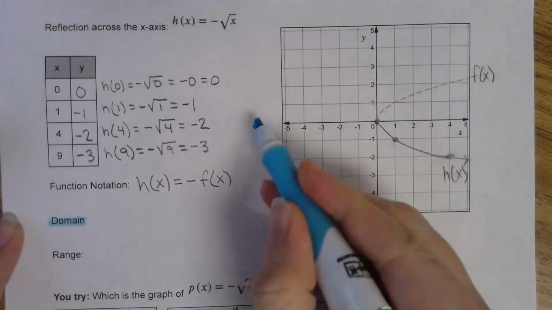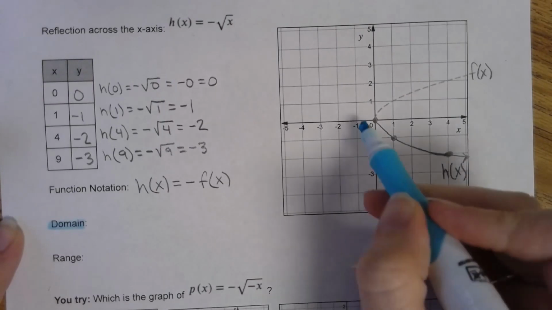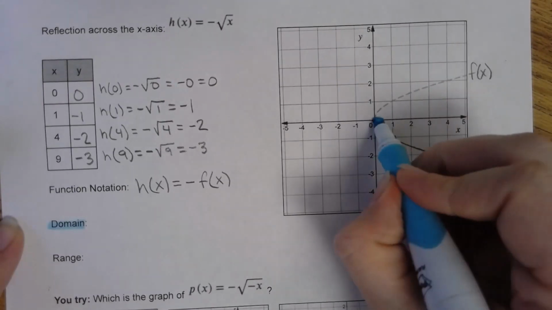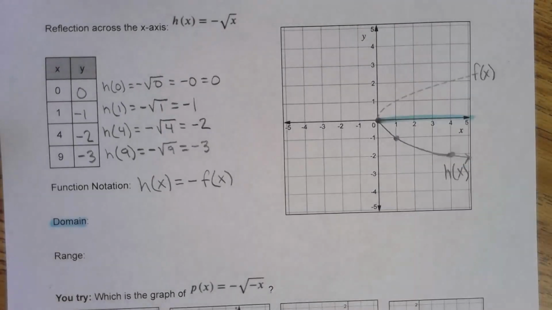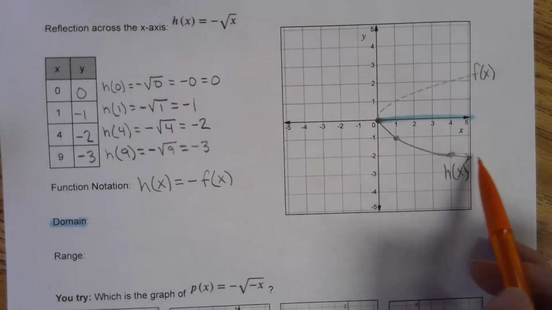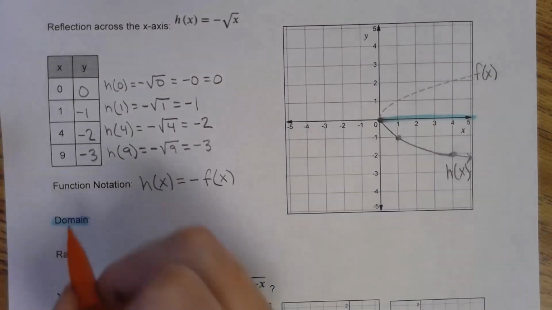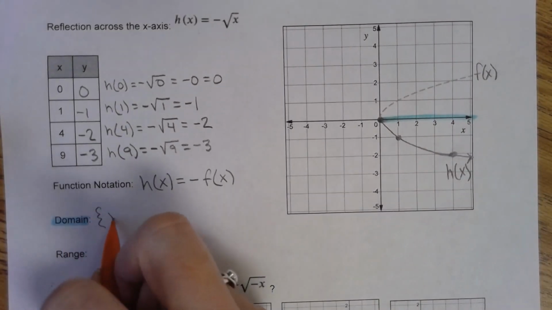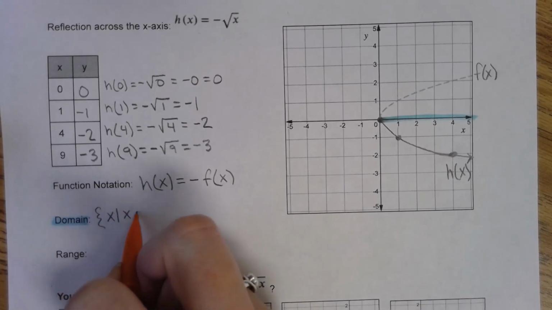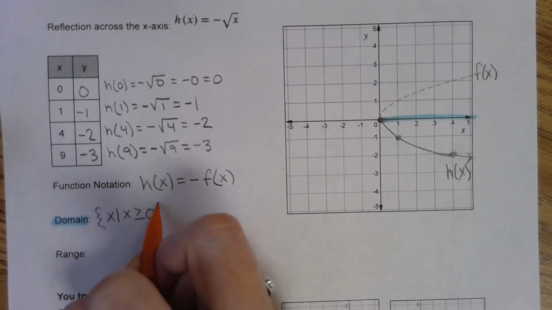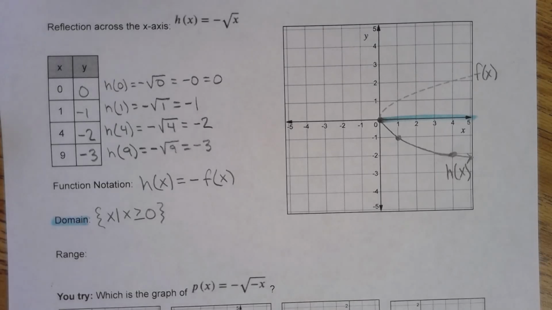So along our x-axis, what values does our function reach? Starting at 0, and it turns off there in the positive direction for our x values. So we have the set of all x's such that x is greater than or equal to 0.